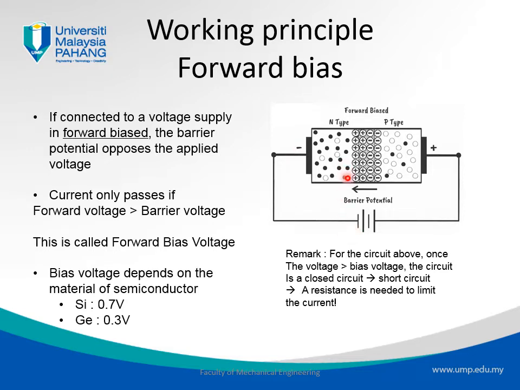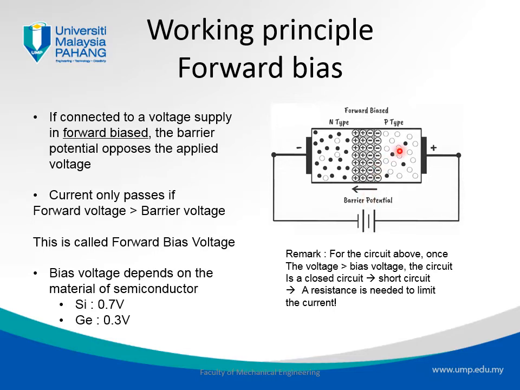In forward bias, the electrons from our power supply will circulate into the p-type junction, right, and will try to cross the PN junction. When they try to cross, as previously mentioned, we have a barrier potential.